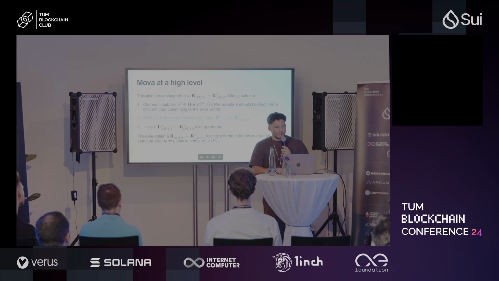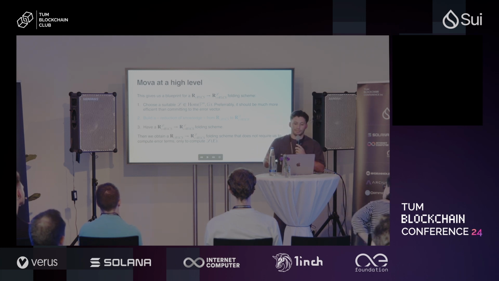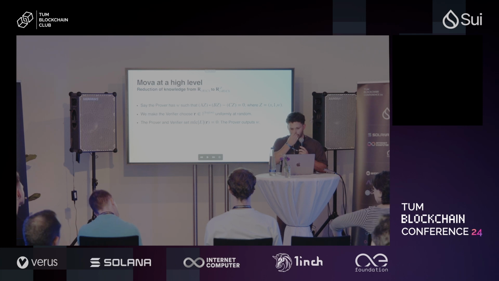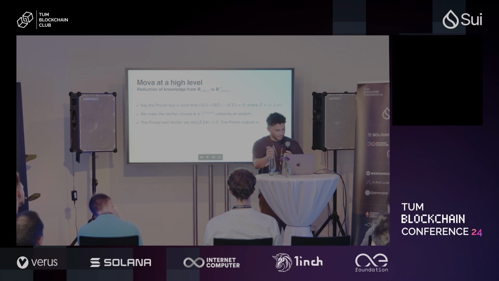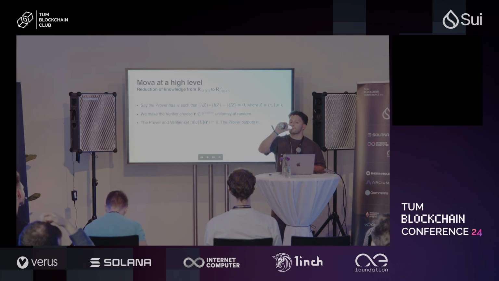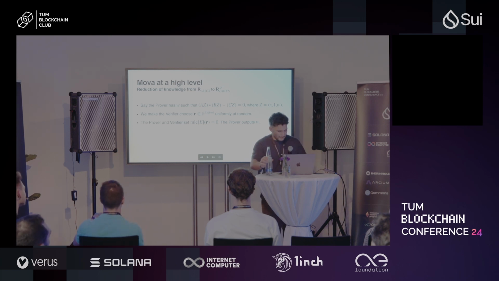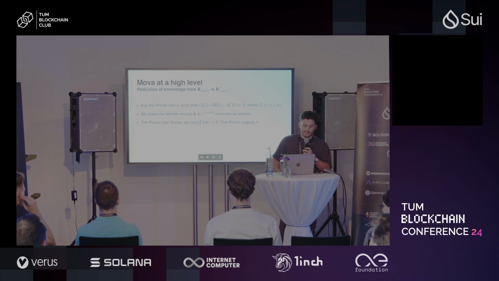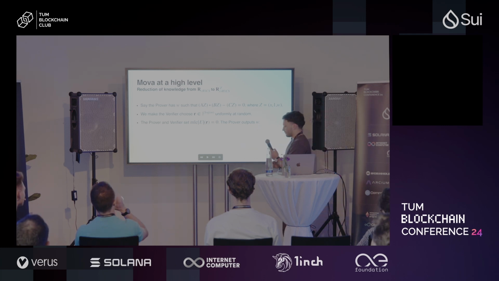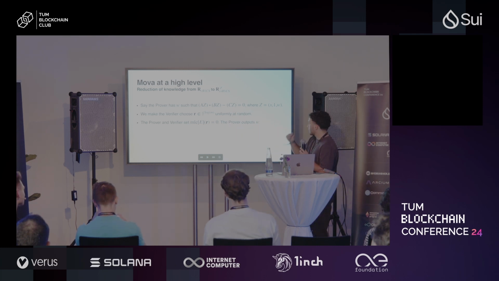Okay, so now we need to build a reduction of knowledge from committed R1CS to committed relaxed R1CS. Say the prover has an instance in R1CS, which means that AZ times BZ is equal to CZ.